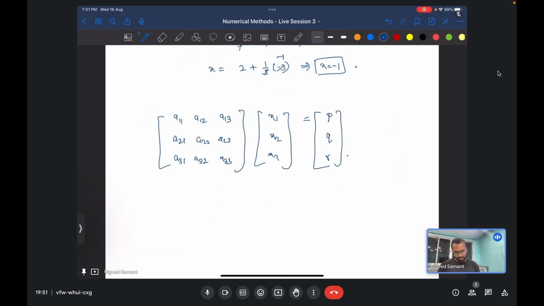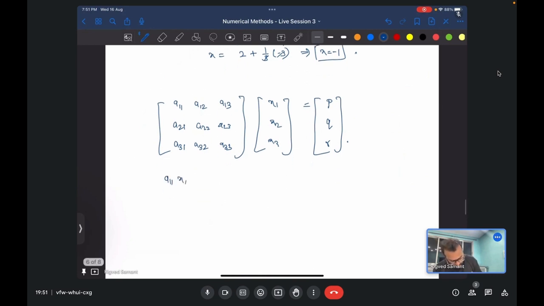How did we get this? When we write the equation, a11 into x1, plus a12 into x2, plus a13 into x3 is equal to p.